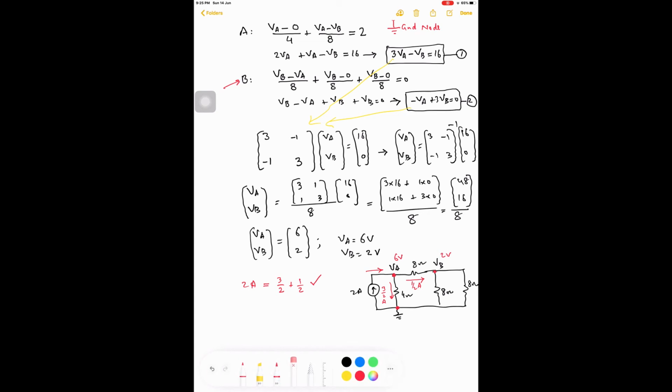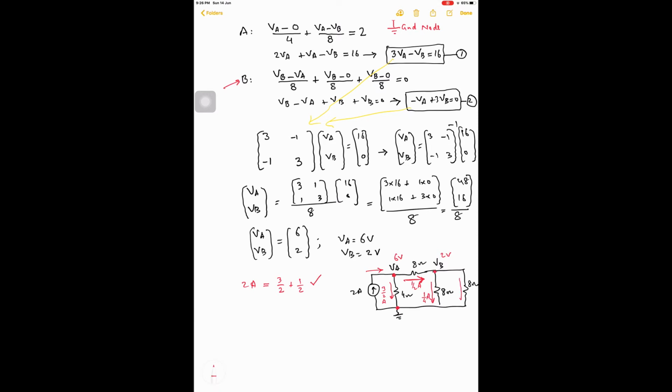Now we see node B. At node B, this current of 1 by 2 ampere is flowing from node A to node B. What is the current flowing from node B to the ground node? The voltage across this is VB, 2 volt, and 2 divided by 8 ohm is 1 by 4 ampere.